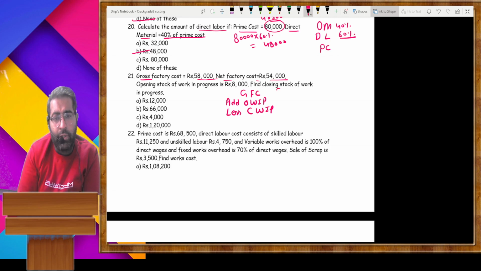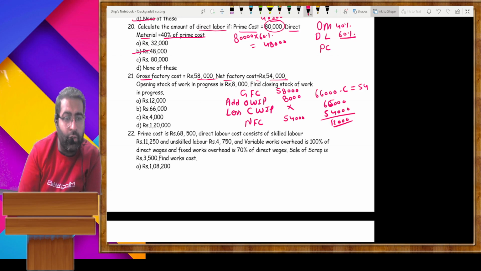Gross factory cost 58,000, and in the end we get net factory cost, given as 54,000. Opening 8,000 is given, closing is not given. So 66,000 minus closing equals 54,000. From 66 we have to deduct 54. That is 12,000. So closing is 12,000.